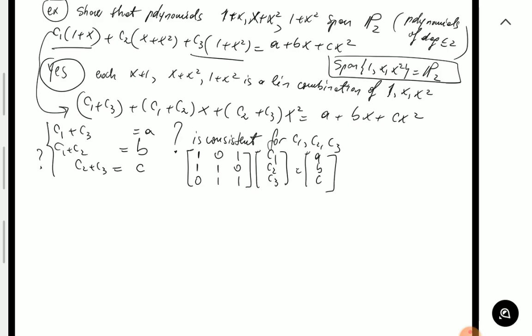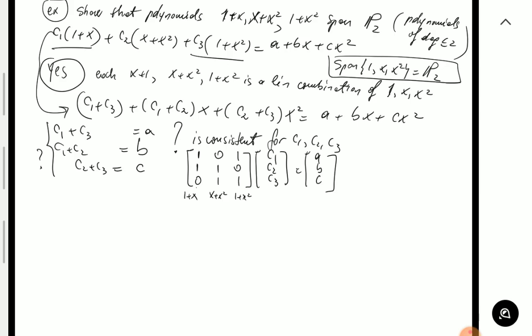It boils down to writing the coefficients of these polynomials by columns. So notice you have 1 plus x plus 0. That's corresponding to 1 plus x if you look at the coefficients by column. The second column are the coefficients of x plus x squared, again starting from the constant term. And obviously the last one are the coefficients of 1 plus x squared written by column.